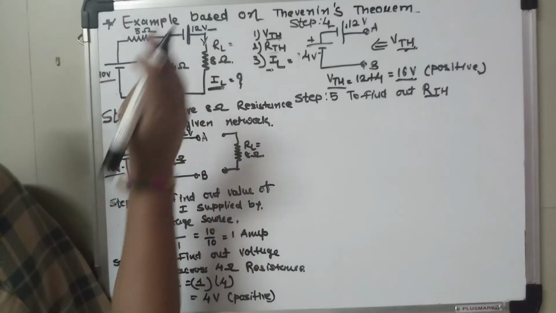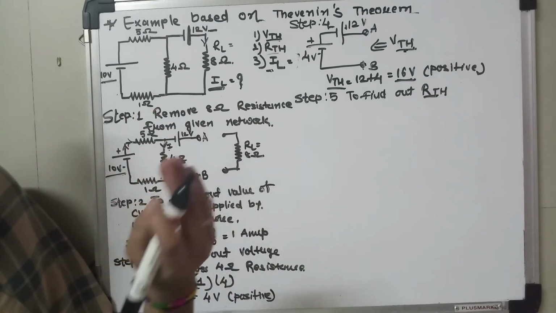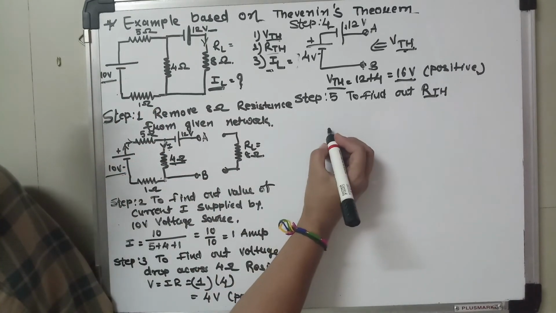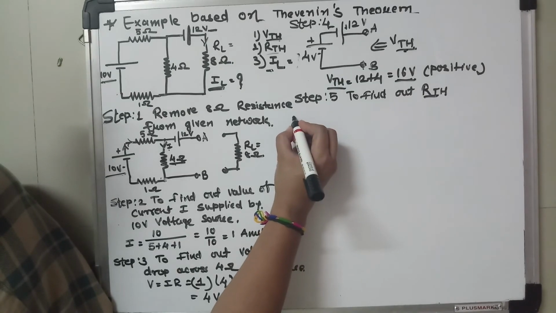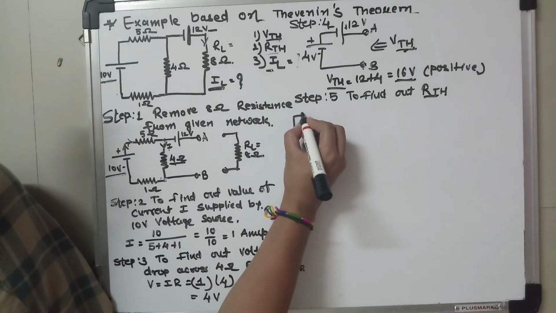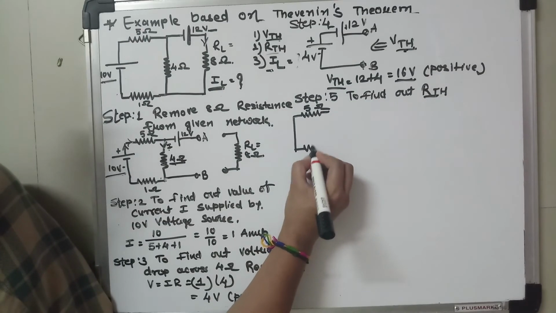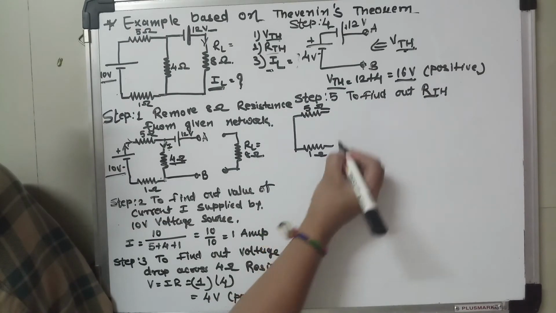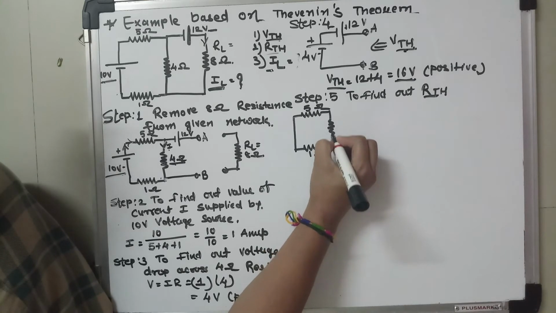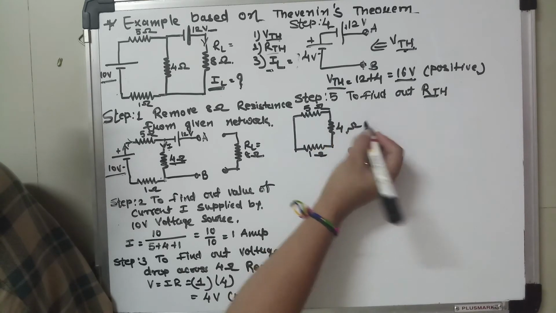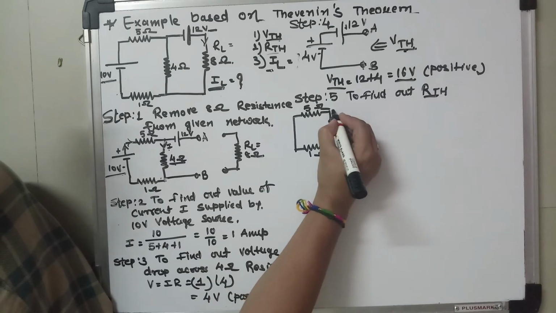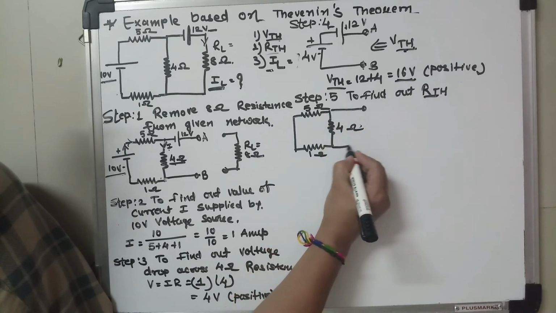Means both voltage sources are set to 0, means directly short circuited. So now my circuit is like this. Here the 10 volt is directly short circuited, here a 5 ohm, here a 1 ohm, here a 4 ohm, and the 12 volt is also short circuited.